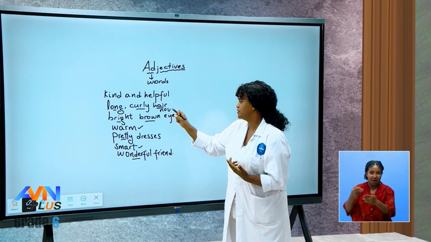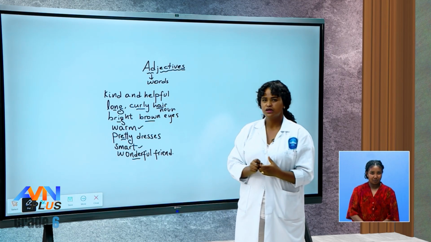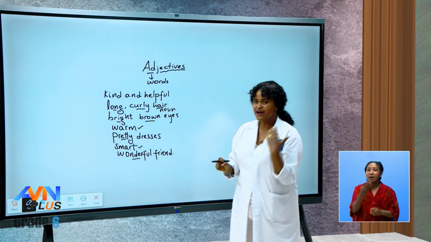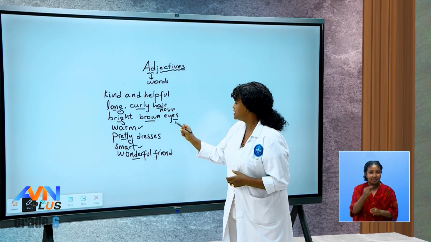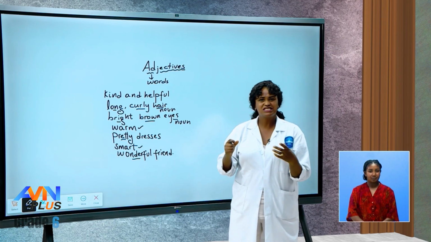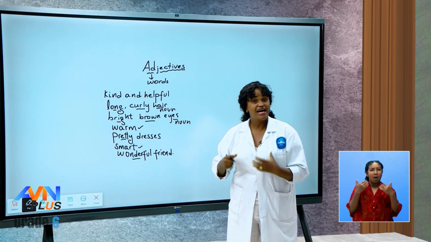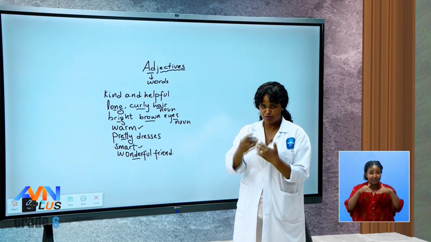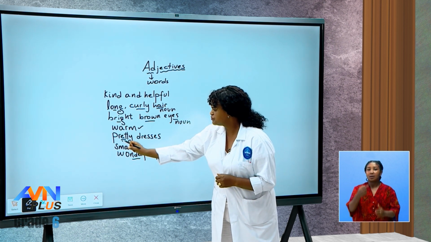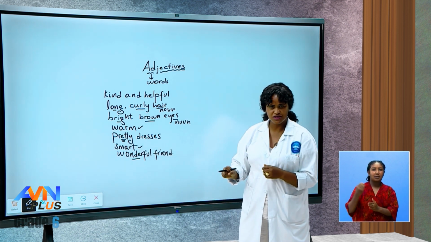A noun. Wonderful. Which part of her body is bright and brown? Her eyes. Eyes. Noun. Wow. Okay. What do we say is warm? Her smile. Yes? Smile. Noun. Let's go. What does this pretty explain about?